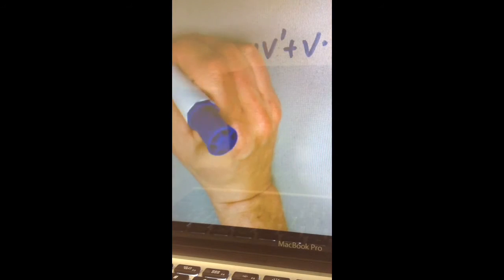Okay, so at this point right here, now let's say, for example, that I want to take the antiderivative of both of these parts. So I'm going to take the antiderivative of both sides.